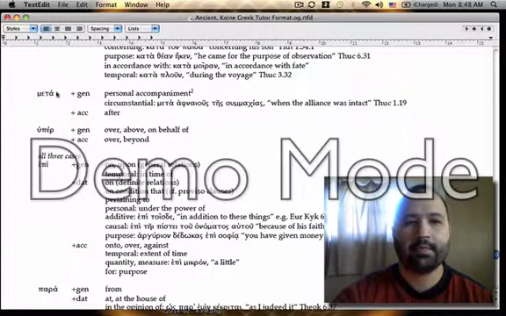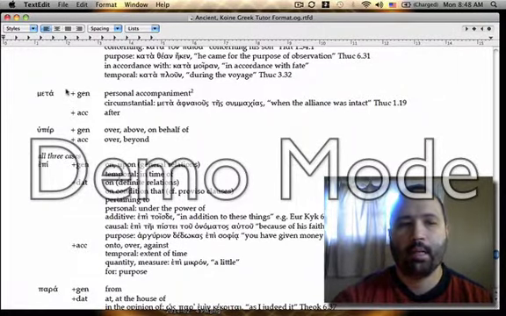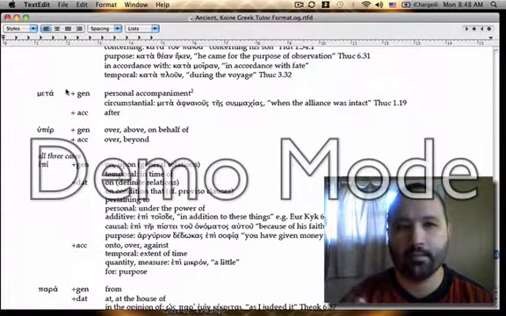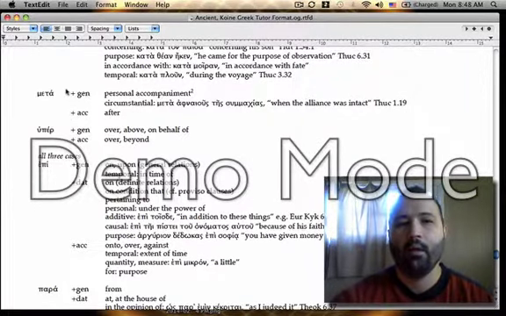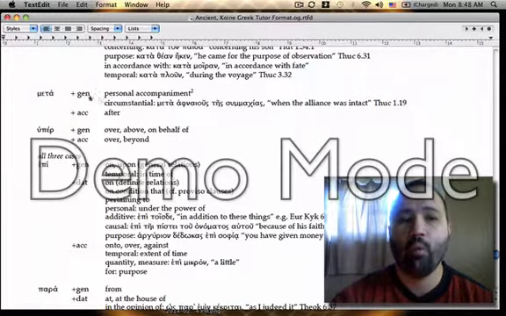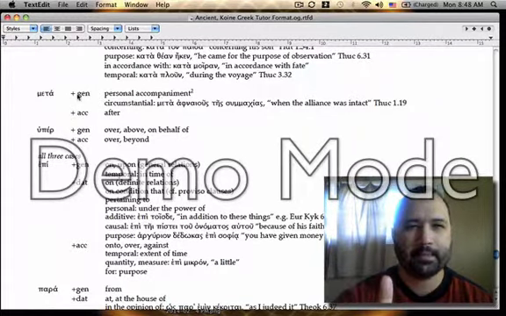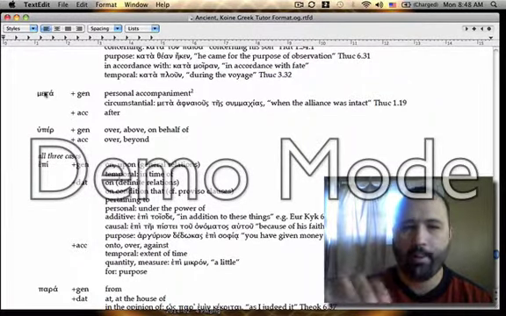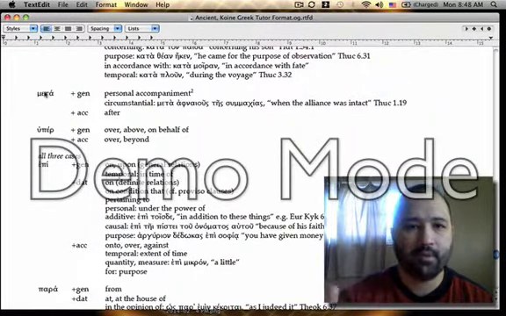Also note too that some of these prepositions can be likened to other prepositions or can be used as synonyms with other prepositions.